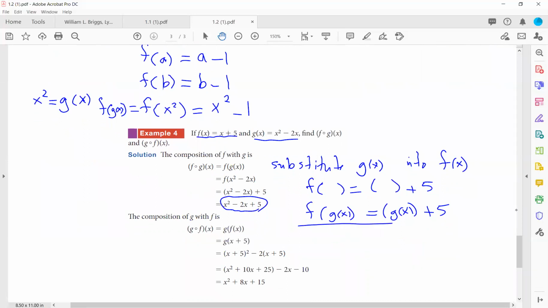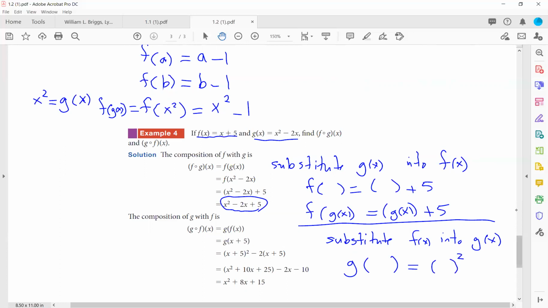What about g of f? G of f means that you substitute f into g. So function g is defined as x squared minus 2x.